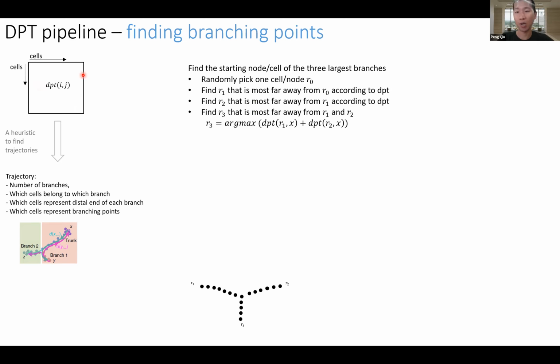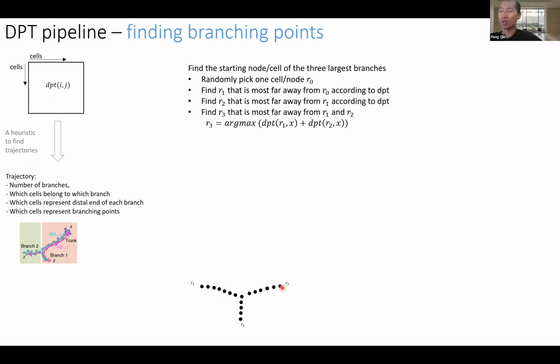So with this pairwise DPT matrix, they know the distance between each pair of cells, and for any given cell, finding which cell is farthest away from it is easy. If this is what we pick, then the cell that is farthest away from it is this one. And then we go from here and ask, what is the cell that's farthest away from this one? Then it will likely be either here or here.